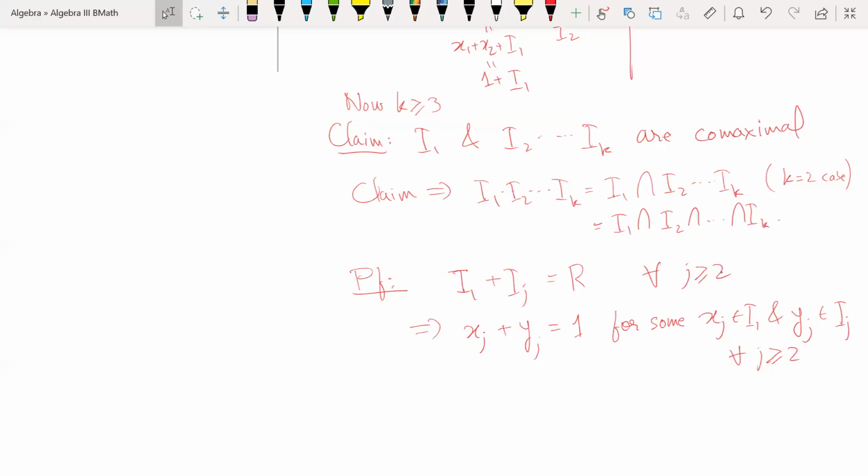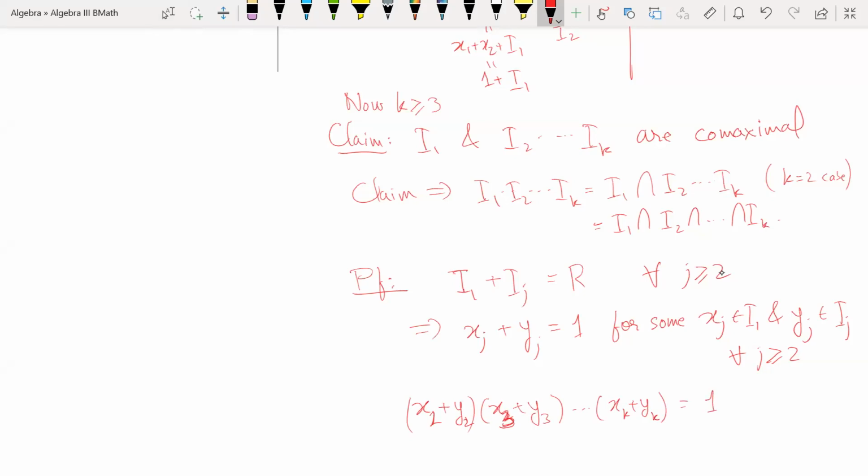We just take the product of these kinds of terms: x2 plus y2 times x3 plus y3, up to xk plus yk. It starts with 2, since j equals 1 doesn't make sense. If you look at this product, these are all 1, so their product is also 1.